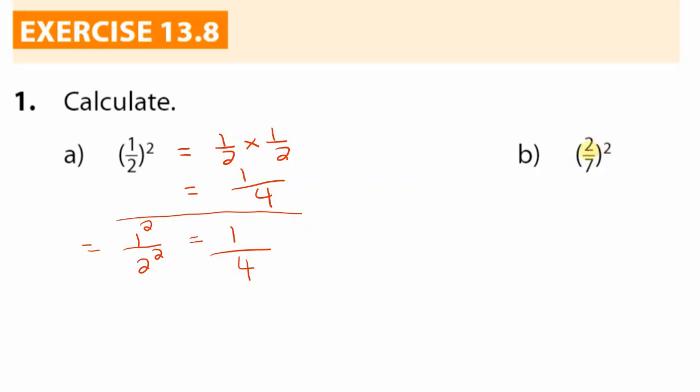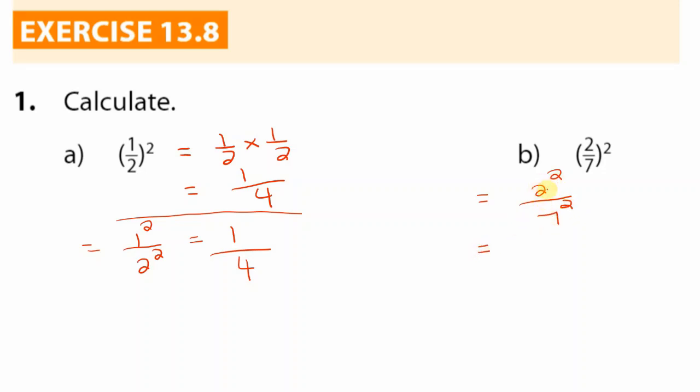So if we use the rule that whenever we see a fraction that is squared, we can actually separate the top from the bottom and square each one separately, we should be able to square the 2 and we should be able to square the 7.